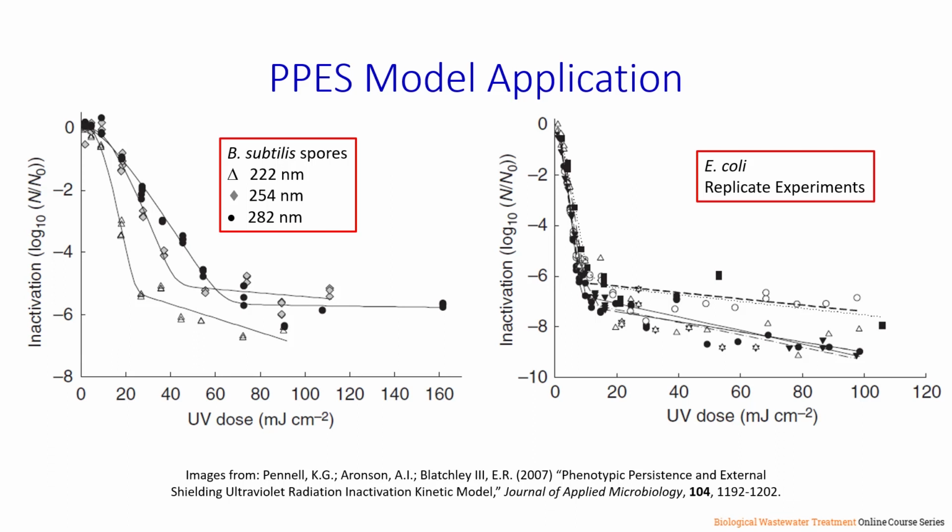Here we see responses of Bacillus subtilis spores at 3 different wavelengths, 222, 254, and 282, and we see that in all 3 cases there's the existence of a shoulder and tailing, both of which can be captured by the PPES model. On the right are replicate experiments that are conducted with a population of E. coli, and we see the same sort of behavior showing up. The model itself is applicable over as many as 8 log units of inactivation.